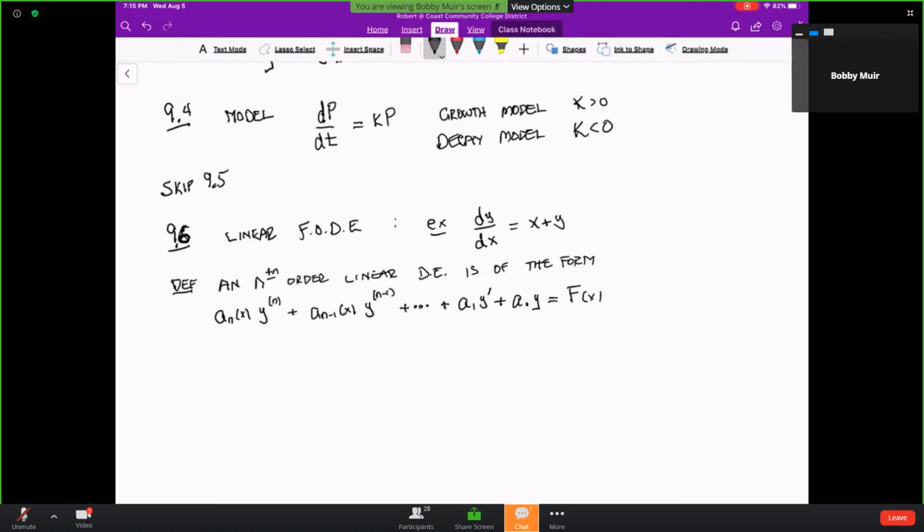Linear means you are linear in the y stuff. It doesn't matter how jacked up these functions of x are. That's a1 of x, that's a0 of x. I just kind of got lazy.